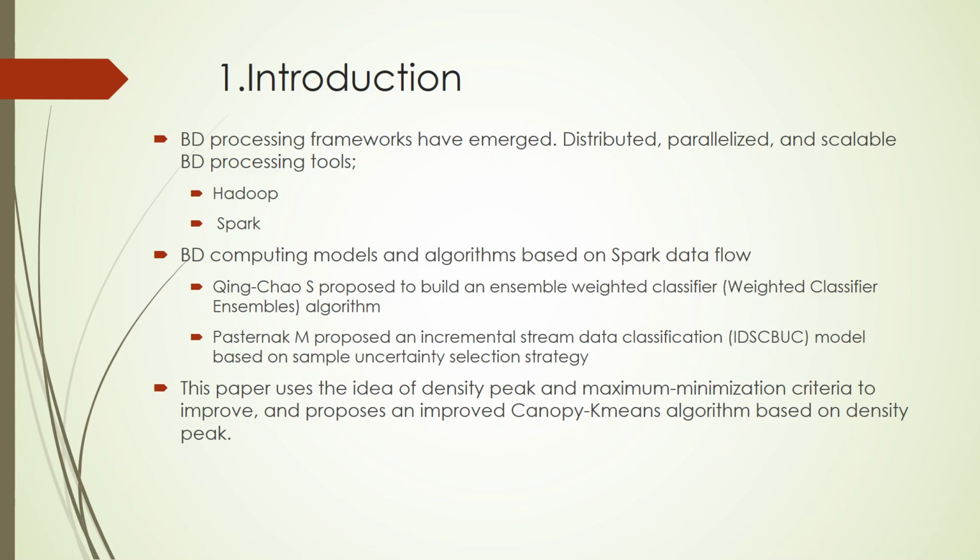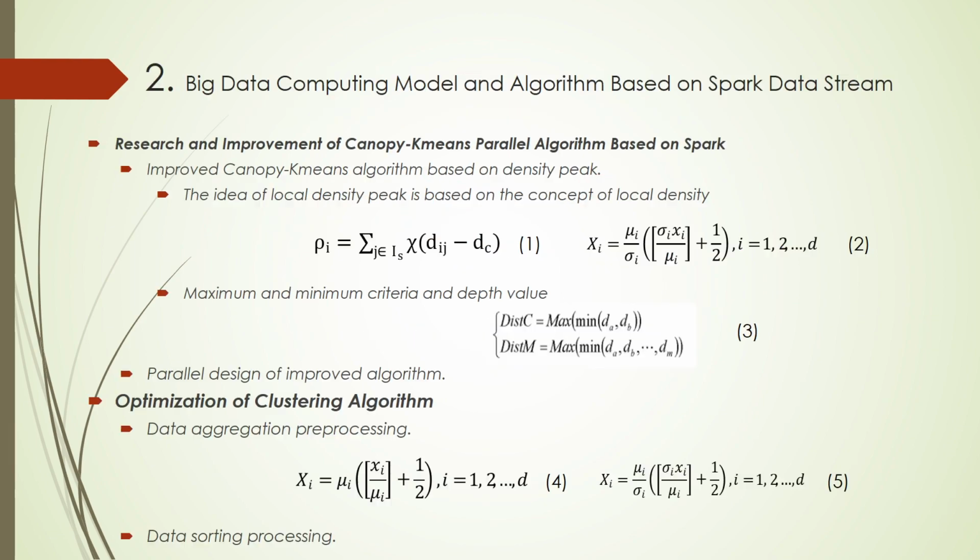This paper uses the idea of density peaks to calculate the relatively high density points in the data set as the initial clustering center points of the canopy algorithm, which solves the problem of the canopy algorithm randomly selecting the initial value, and at the same time eliminates the noise points in the low-density area from the data set.